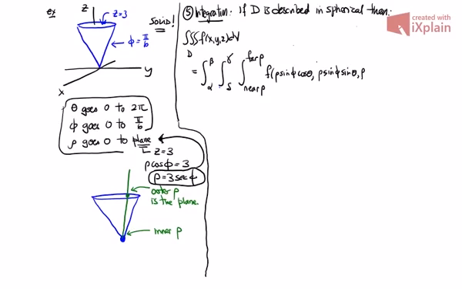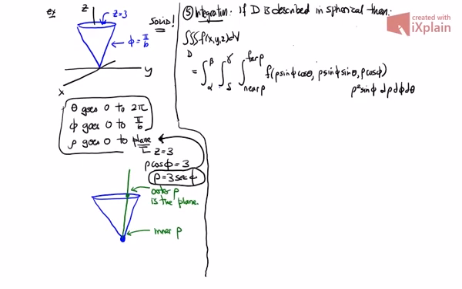And then we have rho cosine phi. Then, because we're changing to a new coordinate system, we have like the polar r that comes up, but we have the spherical version. So that's rho squared sine phi, and then d rho d phi d theta.